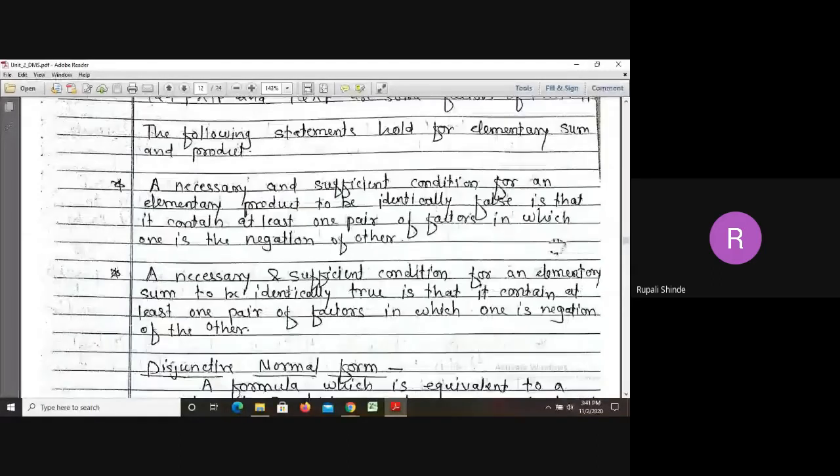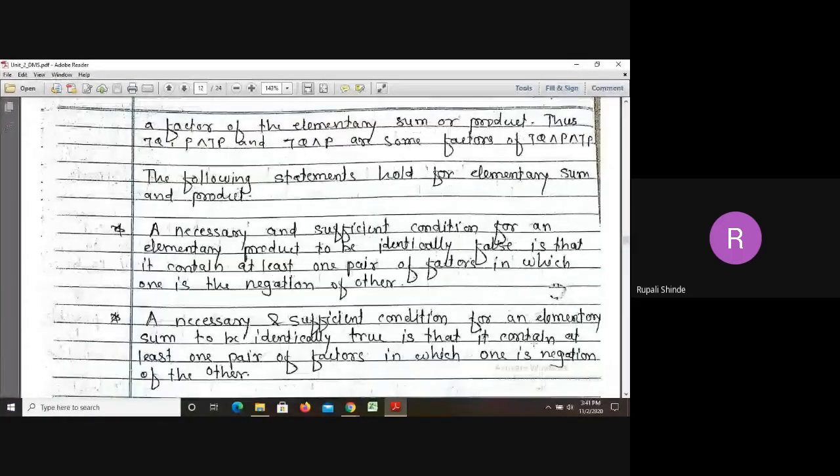So here some statements are given. A necessary and sufficient condition for an elementary product to be identically false is that it contains at least one pair of factors in which one is the negation of another. So why is this condition given?